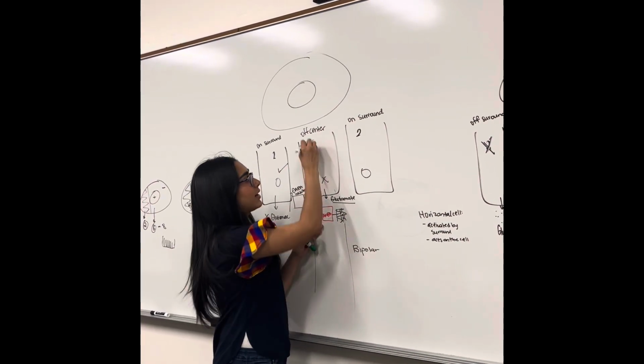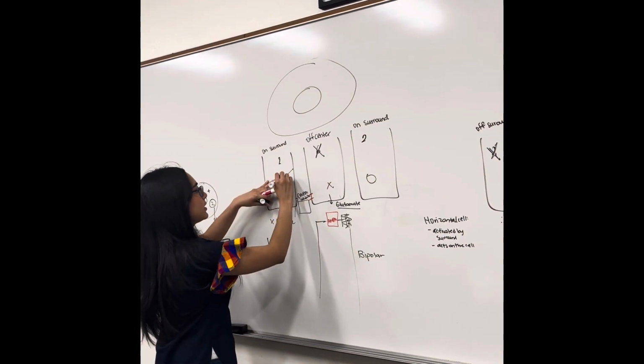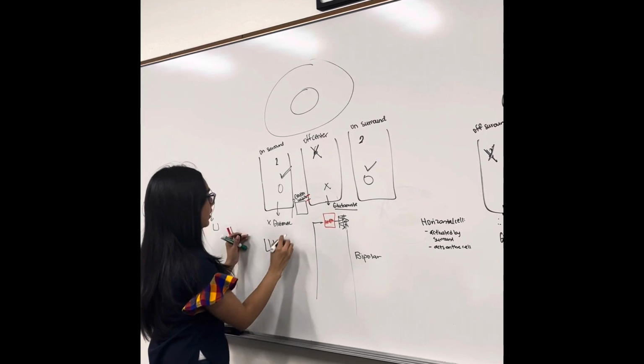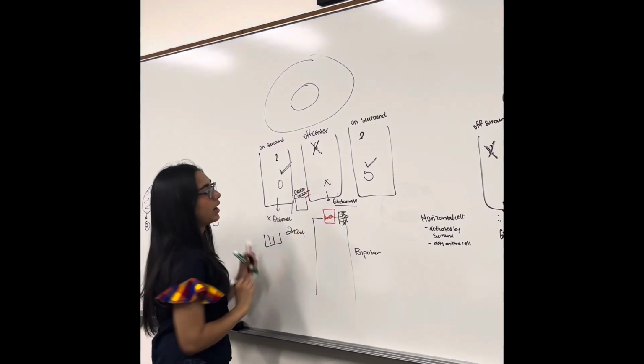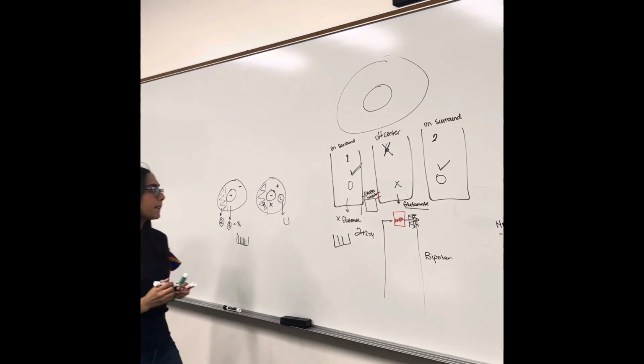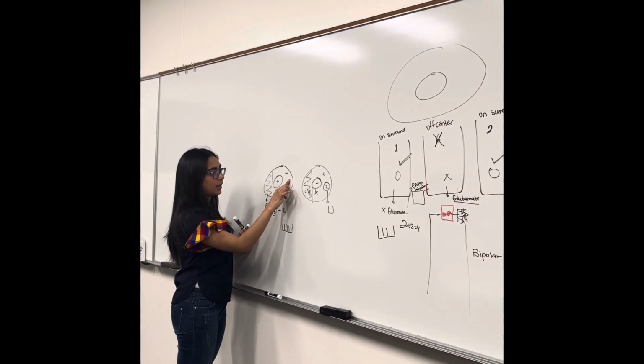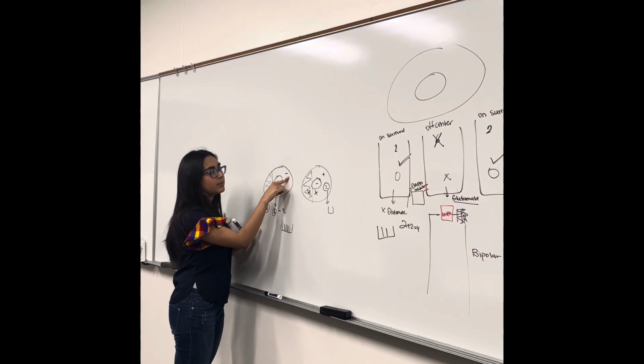Therefore, we don't have an action potential, so we don't count this one. Our on surrounds are the same, so this is a yes as well. So 2 plus 2 equals 4 action potentials to represent this. 1, 2, 3, 4. We also see them as these circles, as positive, negative. Positive means on, negative means off.